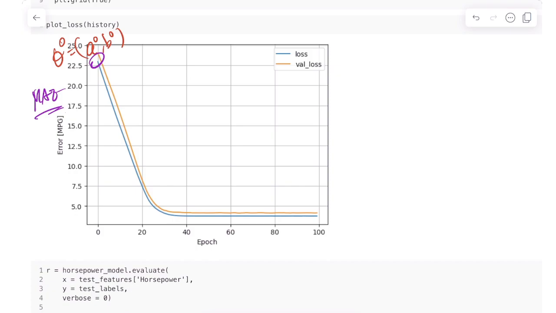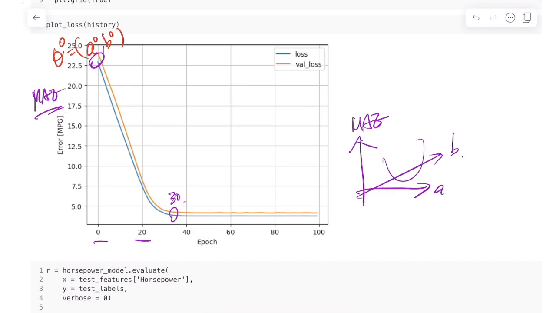And you can see that the MAE value decreases, okay, after we perform certain gradient descent, okay. And as you can see, maybe around 30, it seems like it is somewhere around the bottom of the MAE, right?